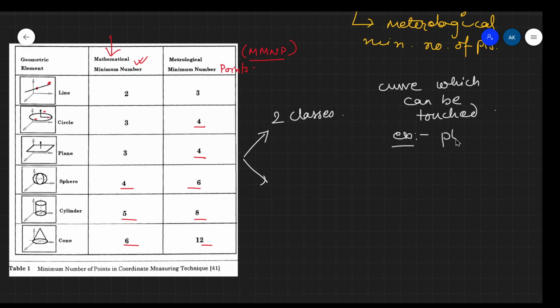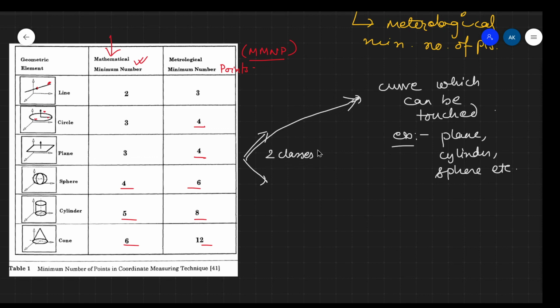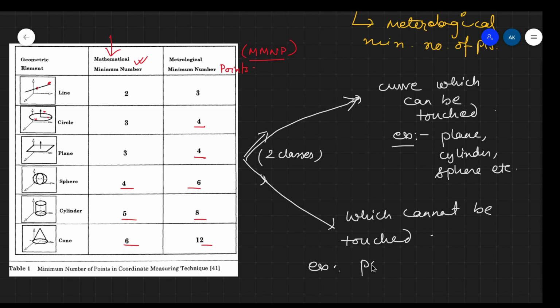Example, plane, cylinder, sphere, etc. And the second class is which cannot be touched. Example, point and line. Now you will say, sir, what do you mean by line? Line means edge and point means vertex.